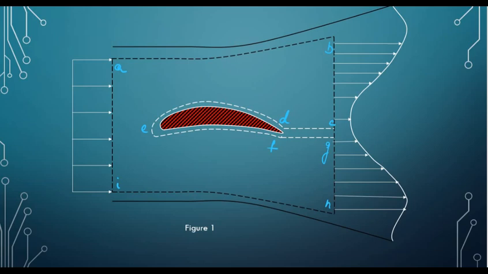And the lines that are perpendicular to the flow, that is AI and BH, are also far away from the body. And then there is a cut that you can see, CD and FG. This wraps around the surface, and this DEF is the one that is wrapping around the surface of the airfoil. So the entire control volume is given by A, B, C, D, E, F, G, H, I. This is my entire control volume.